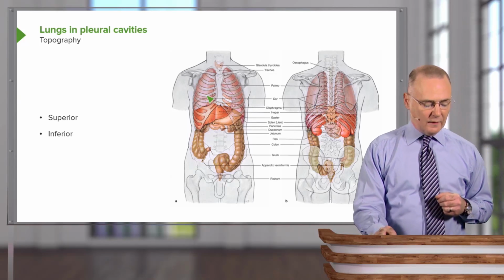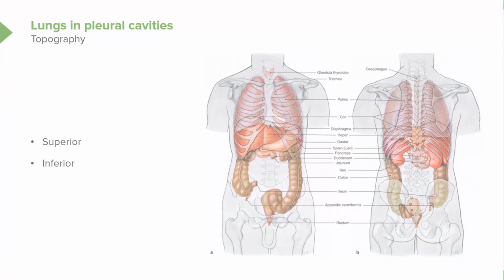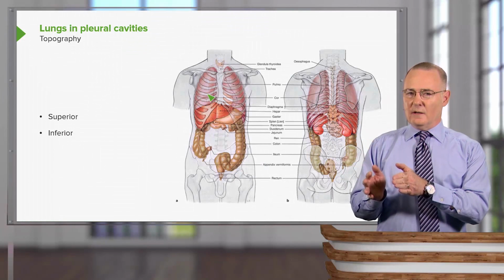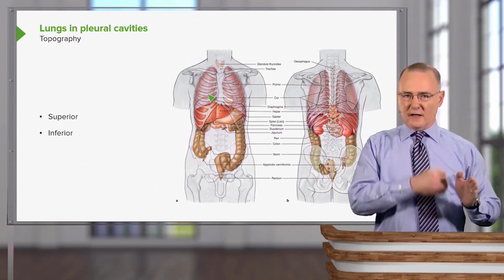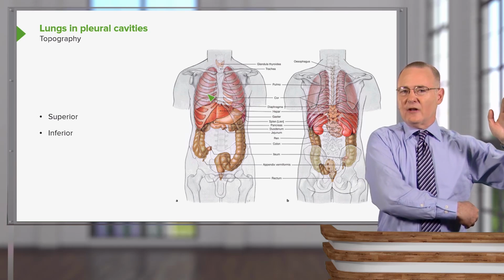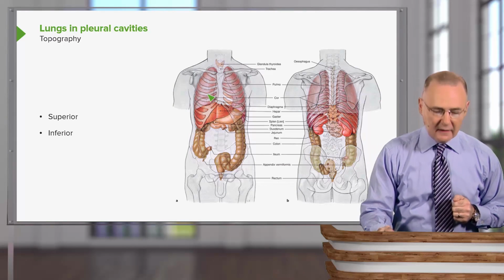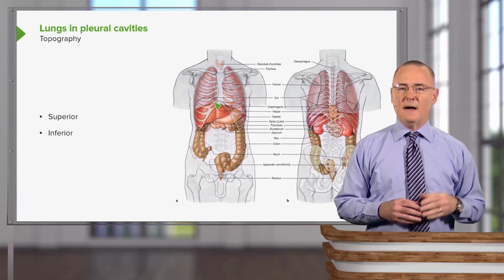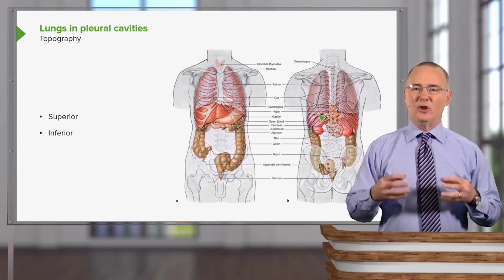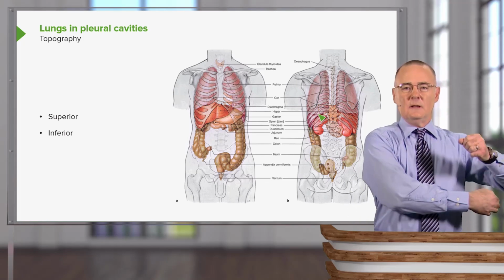If we start with the midclavicular, going to mid-axillary, going to the paravertebral, the inferior limits of the right lung and the left lung will be at rib 6, midclavicular; mid-axillary, the lung will extend down to rib 8; and then posteriorly, the inferior limit of the right lung and the left lung will extend down to the level of your 10th rib. So it's 6, 8, 10.